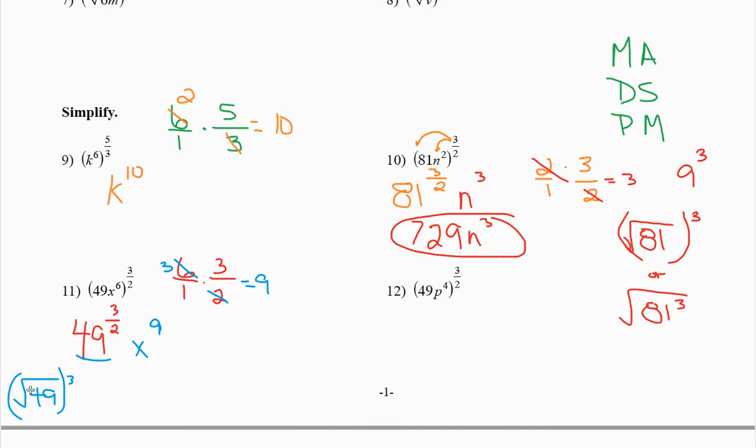It's 7. And so 7 cubed, or 7 times 7 times 7, is 343. So this becomes 343 x to the 9th power.